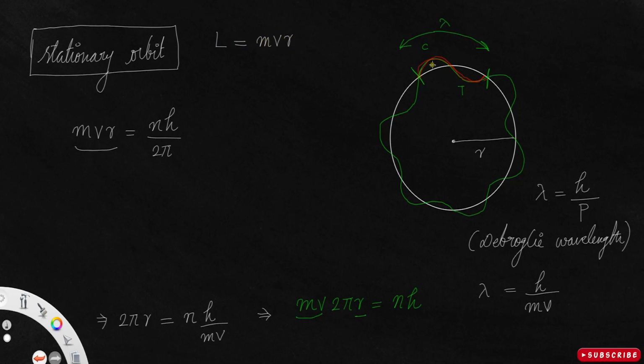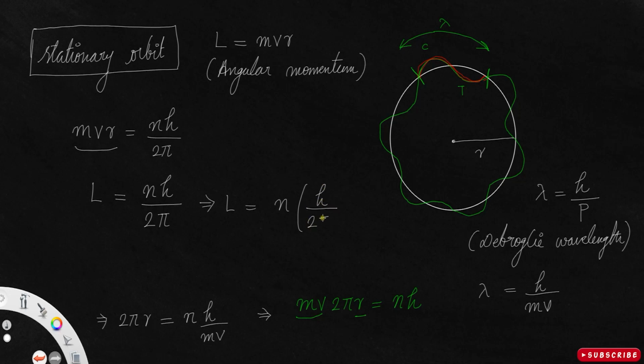For a circular orbit, we know mvr is actually angular momentum. Therefore, angular momentum L is equal to nh by 2 pi. Or you can write L is equal to n times h by 2 pi.